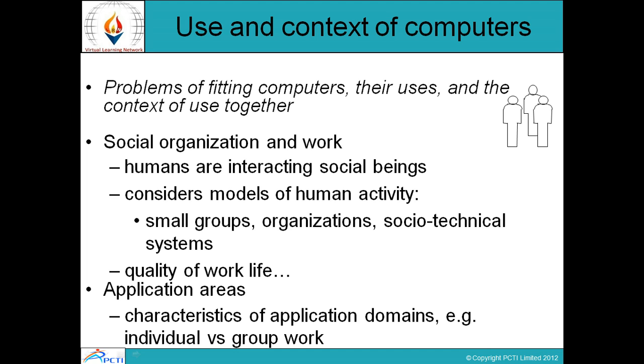Quality of work life. There are different application areas where human-computer interface can be used, like characteristics of application domain, individual versus group work. These are the areas where computers are used very widely. Networking में हम देख सकते हैं.